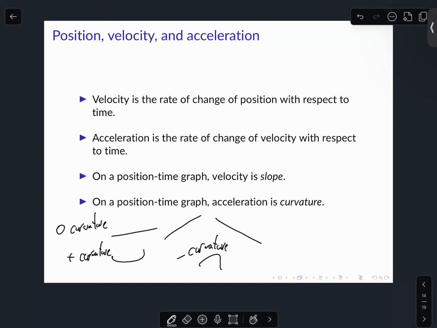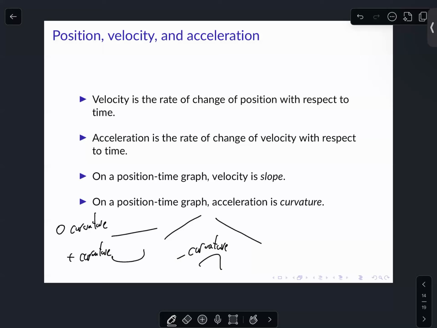That's not a curve. It's a straight line. Straight lines have zero curvature. In other words, if your position graph is a straight line, there's no acceleration. Actually, that should make complete and total sense, right? A straight line has a constant slope, constant v. If v is constant, there's no acceleration. Well, duh, right?